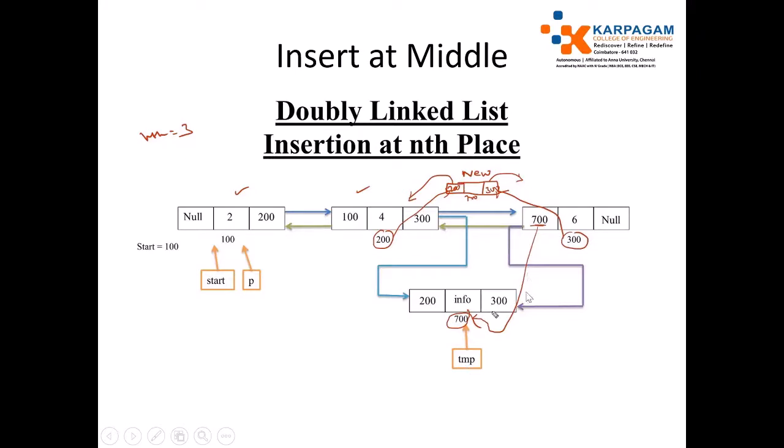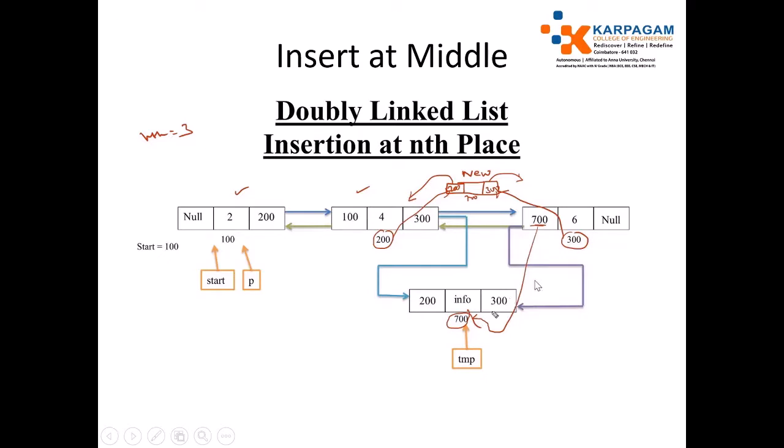Order is important. First we need to set the address of second node with the previous. Just set new node of previous equal to address of second node. Then new node of next equal to address of third node.